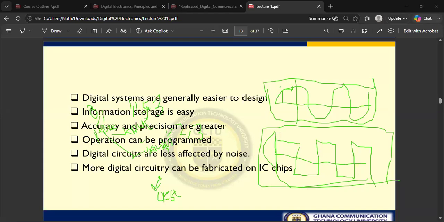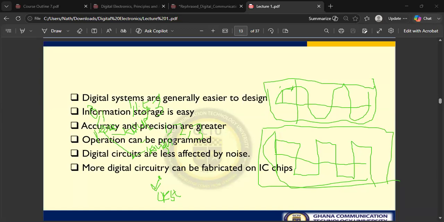In terms of production, it's quite expensive, but for a digital system, like let's say the IC, you can put a lot of IC on a small PCB, right? Then it will perform its function. That is what you call less expensive.